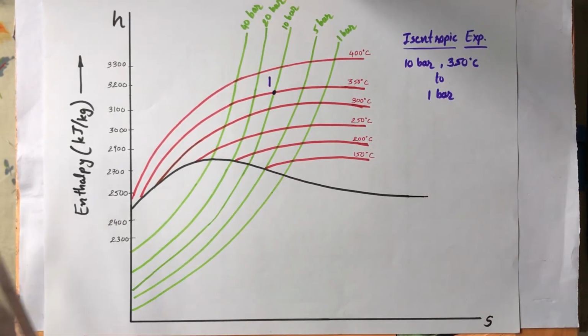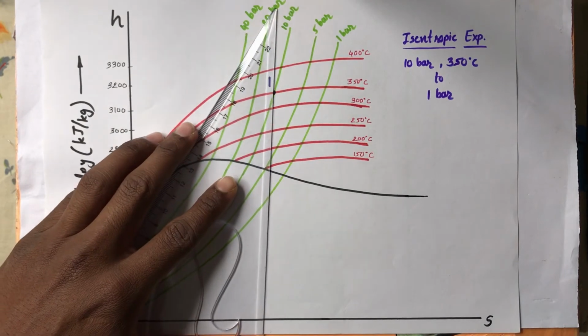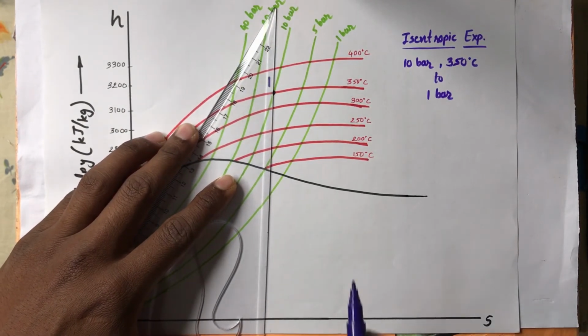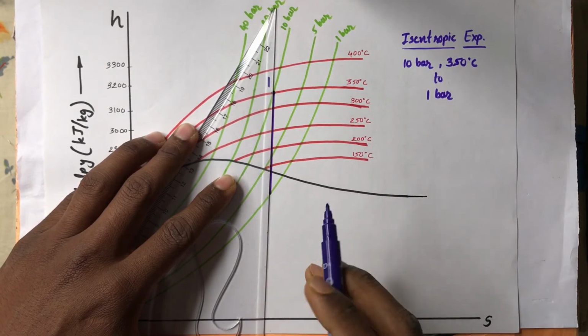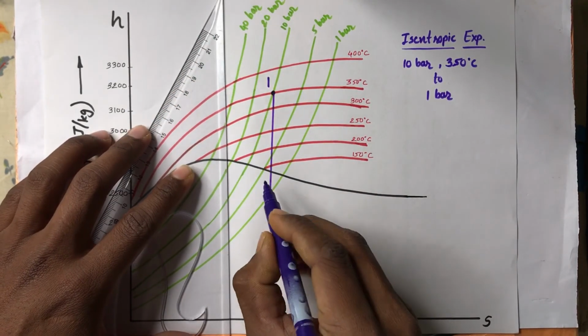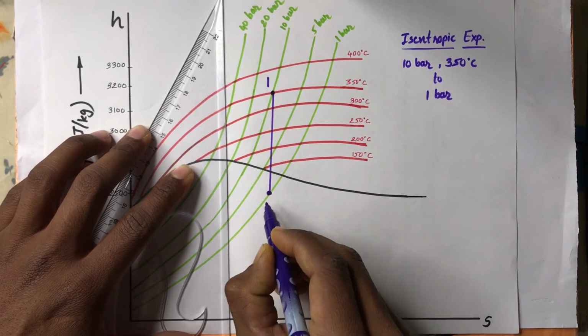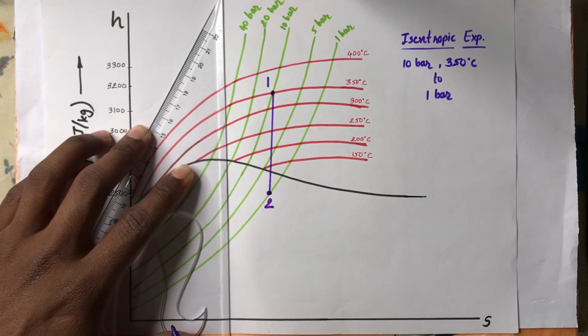For an isentropic expansion, draw one vertical line from point 1 up to the pressure equal to 1 bar. So, this will be our point number 2.